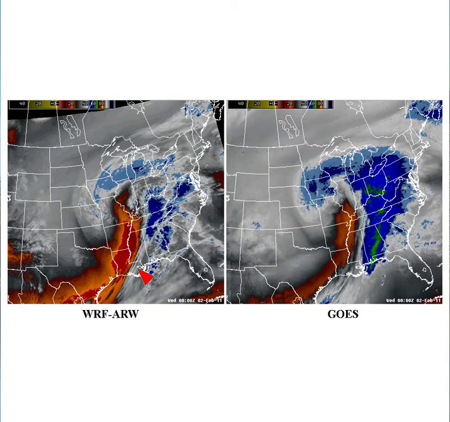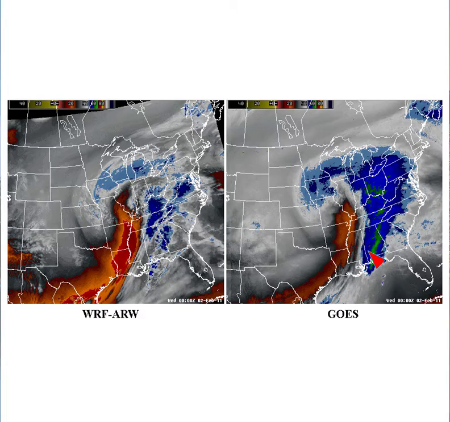The eastern portion of the comma shape corresponds to a warm conveyor belt, which you can see right here extending from the Gulf of Mexico northward. And again, just note the appearance of that in the GOES imagery versus how it would typically appear in the synthetic imagery, and that is the aerial coverage of the colder brightness temperatures will typically be quite a bit less than what you would see in the GOES imagery.